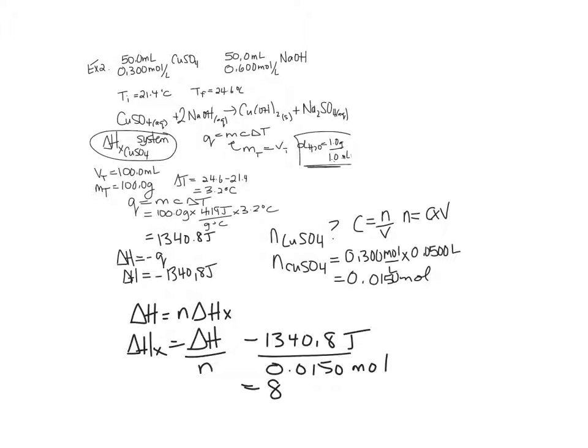So 89,386.7 joule per mole. That's a large number, so we're going to change it to kilojoules. So divide by 1,000. We can only have 3 sig figs. So 89.4 kilojoules per mole.